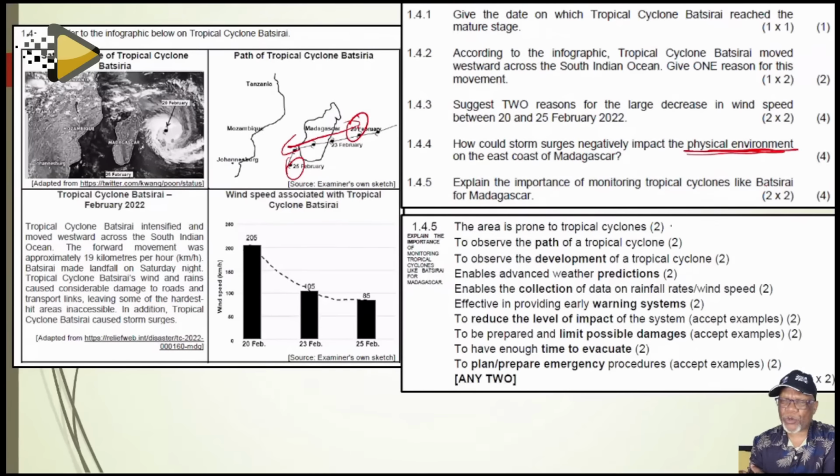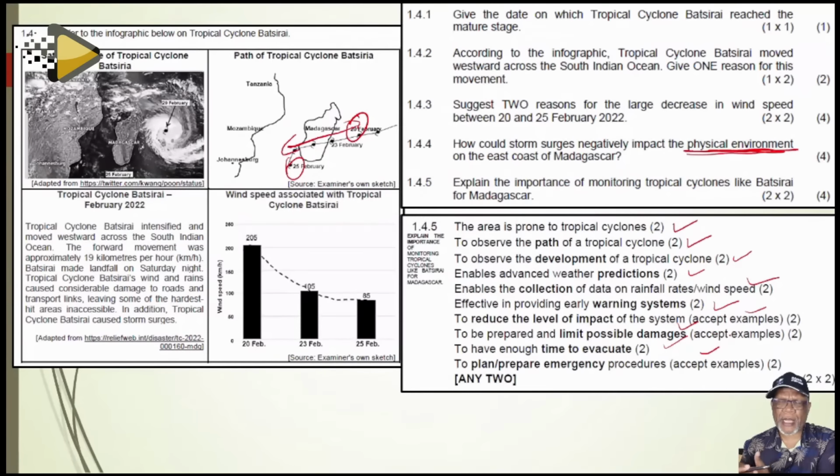Because the area is prone to tropical cyclones, to observe the path and know the strength, to observe the development of a tropical cyclone so that it enables advanced predictions, correction of data, and an effective warning system to reduce the level of impact of the system, to prepare and limit possible damages, to have enough time to evacuate and plan. There are a number of reasons, it is not limited to this. Also to avoid loss of life so that people can act on time.